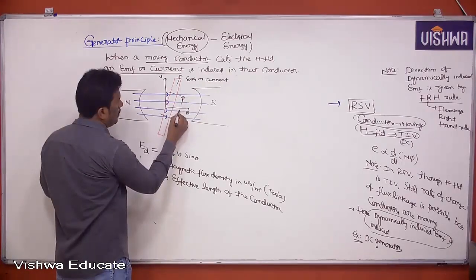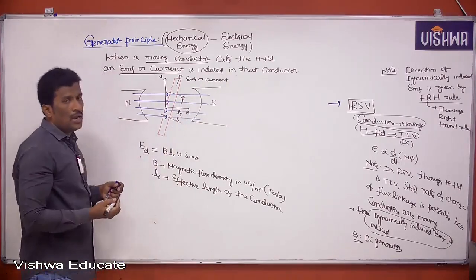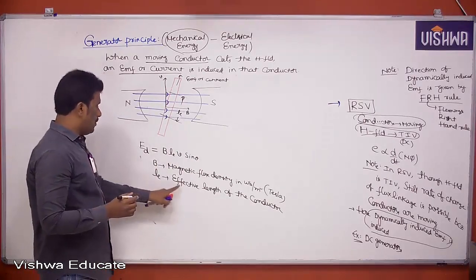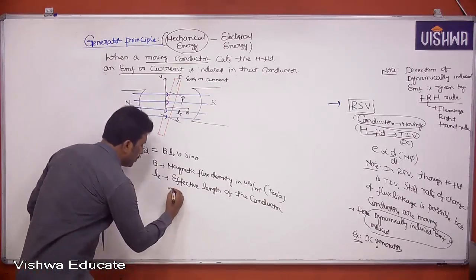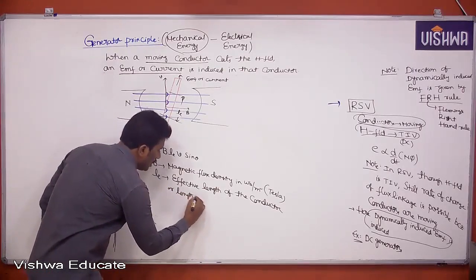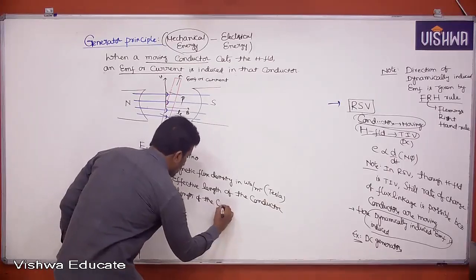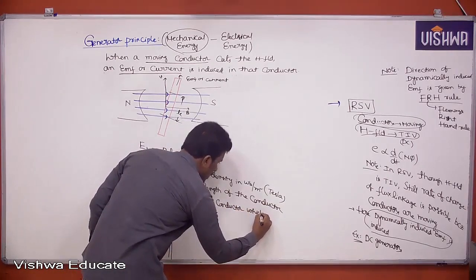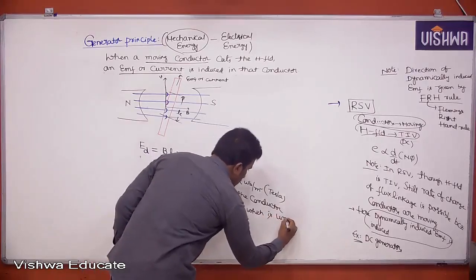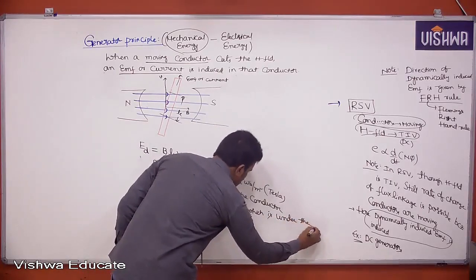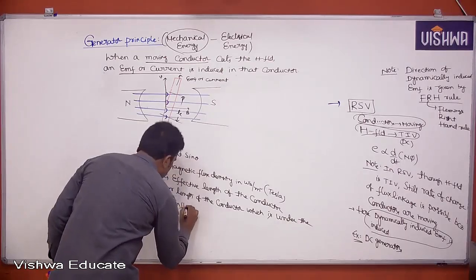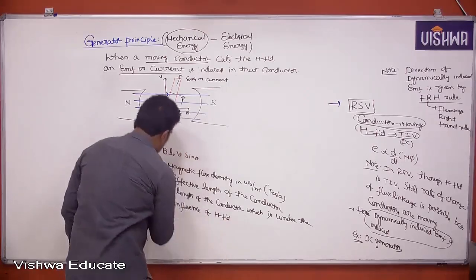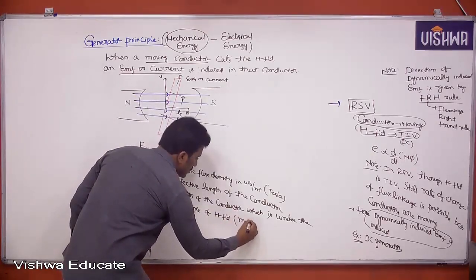This is nothing but the L_e value: effective length of the conductor, or length of the conductor which is under the influence of magnetic field. This length is in meters.